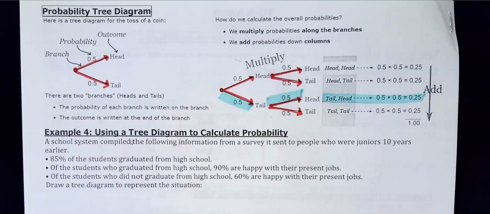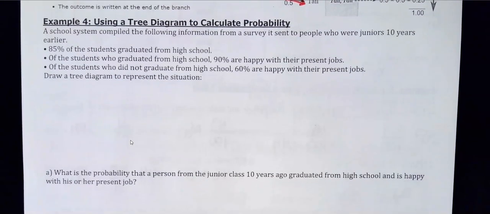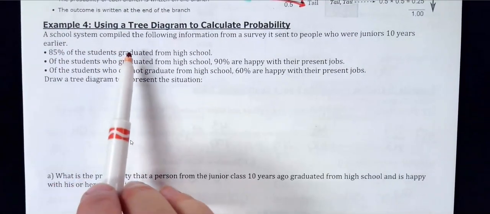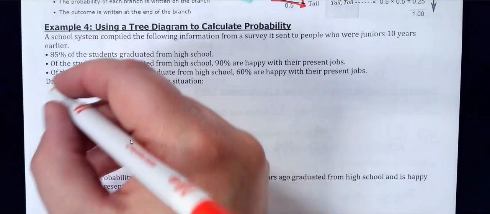So we're going to make a tree diagram for this example here. Some of these just depend on the wording of the question. They might not give you all the information for the beginning of the tree until later in the question, but this is just bullet pointed here. It says the school system compiled the following information from a survey it sent to people who were juniors 10 years earlier, so 10 years ago.